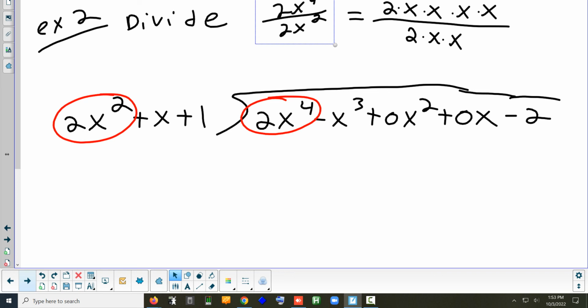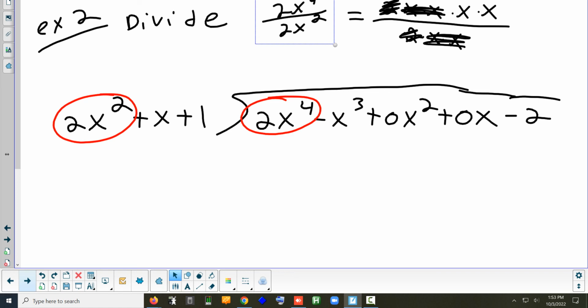So when you want to divide this out, you cancel out anything that's in the top and the bottom. What's in both the top and the bottom here? So, yeah, we have 2 x's. Okay. And the 2's.